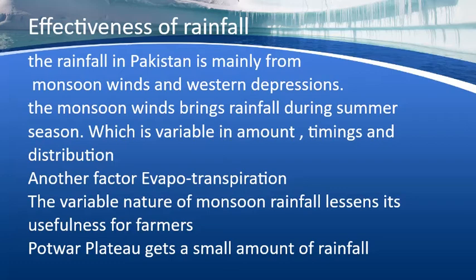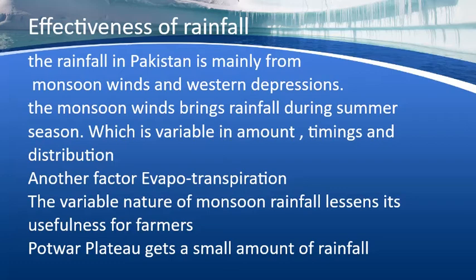For the rest, it is barani land. It means dependent on rainfall because of impracticability of lifting irrigation water up to the flat plateau surface and also of irrigating the heavily eroded badland areas. We have studied that Potwar Plateau has badland topography.